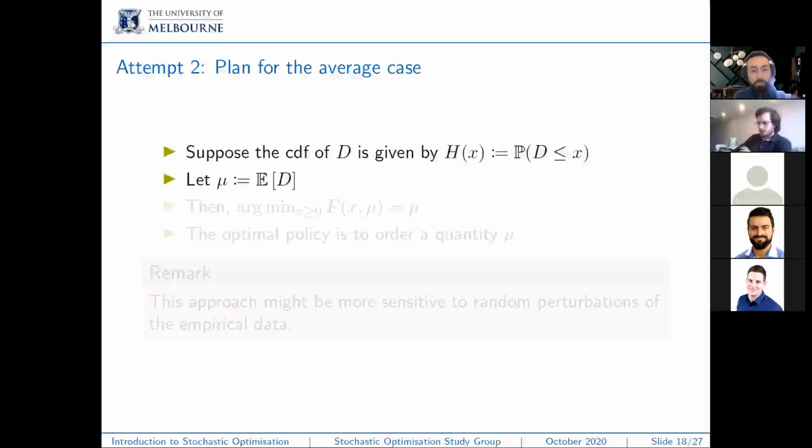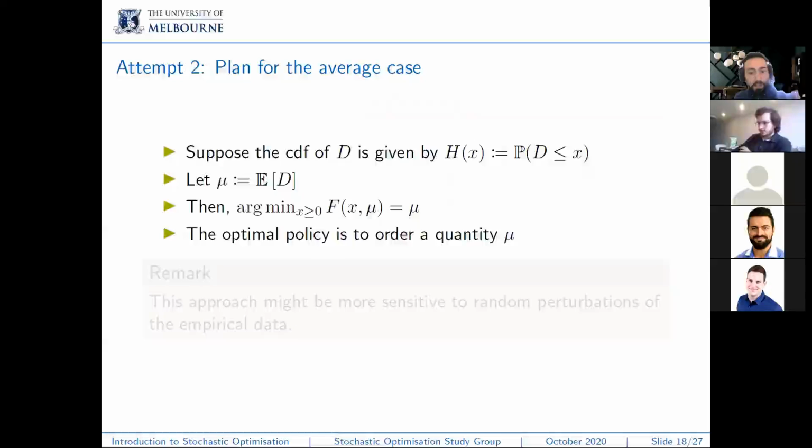So in this case, the cost function is basically f(x, mu). And because we already know that whenever the demand is given, the obvious solution is mu, the optimal policy is always buying quantity mu.